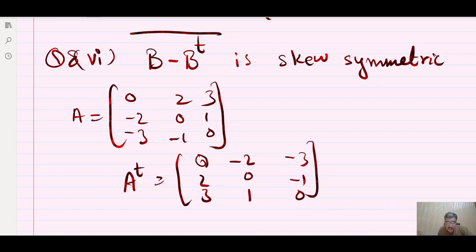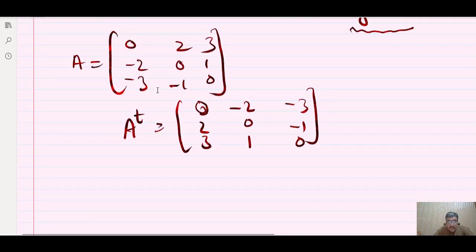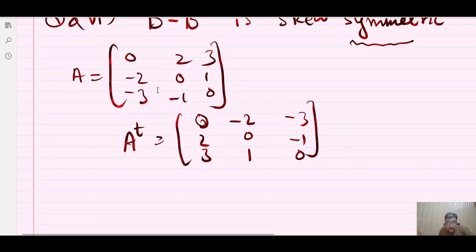And in the previous part, we were discussing symmetric, in which if we take the transpose of a matrix and the transpose is the same as the original matrix was, it is known as symmetric. But this time it is not the same one. So to make it similar to the previous matrix, we will take minus common from here, or you can say you will multiply it with minus.